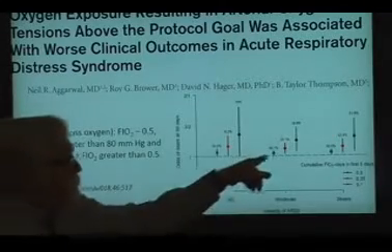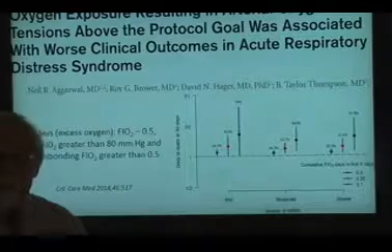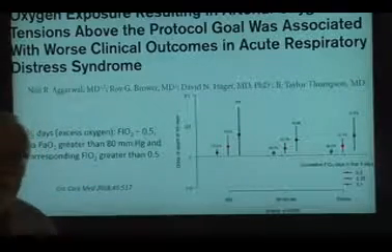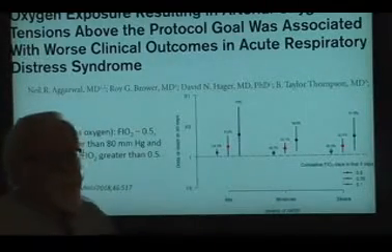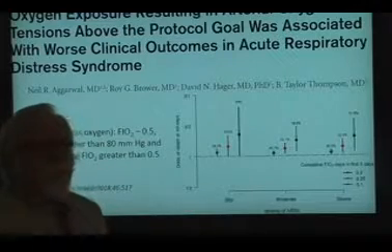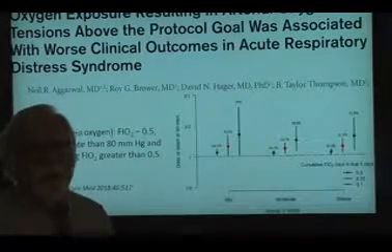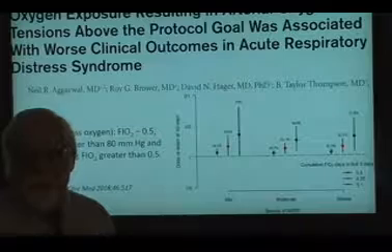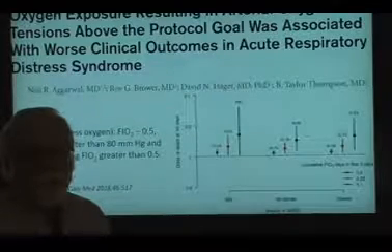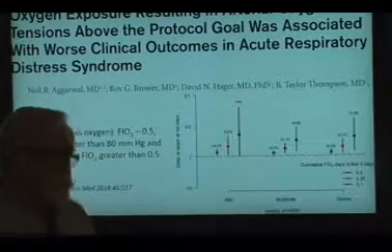And it looks like there is a dose-response relationship. The higher the oxygen exposure, the higher the mortality. So that would suggest that maybe it's not such a good idea to let the oxygen saturation hang on 98%, on 50 or 60 or 70% oxygen.